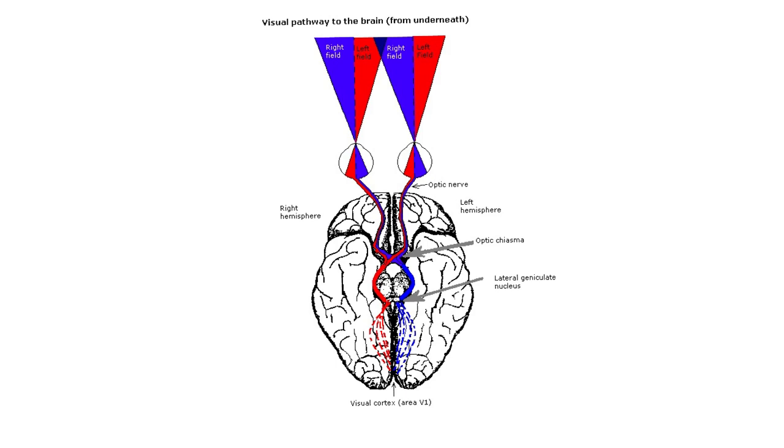And you'll note that the information from the right side of the visual field for each eye is going to project to the left side of the brain, and that the information from the left visual field of each eye is going to project to the right side of the brain.